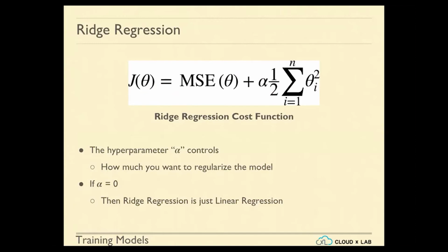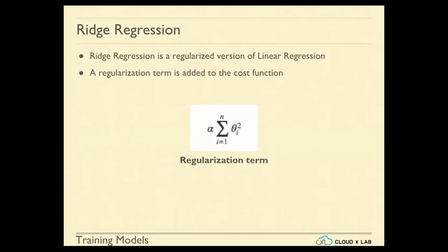Correct? So essentially, in order for the model not to memorize too much, not to have too much freedom, we are penalizing it. So that's the idea.